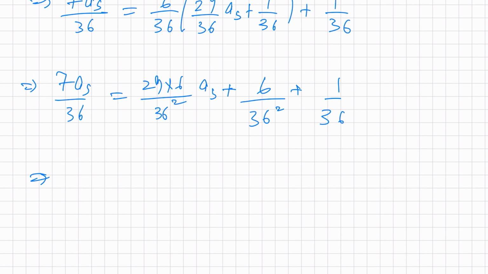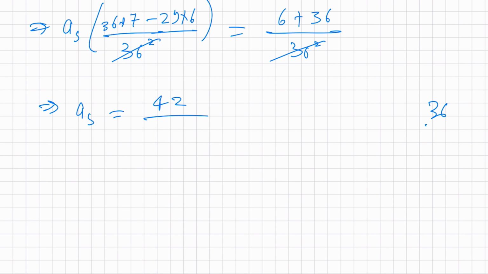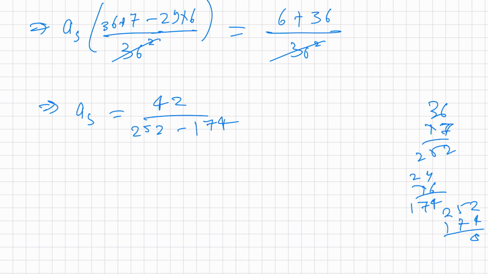If we solve further, let's do some speed maths. 7 times 36 is 252, minus 174, is 78. So we get 42 by 78, which is 7 by 13... so we get our final answer here, 1 by 30.